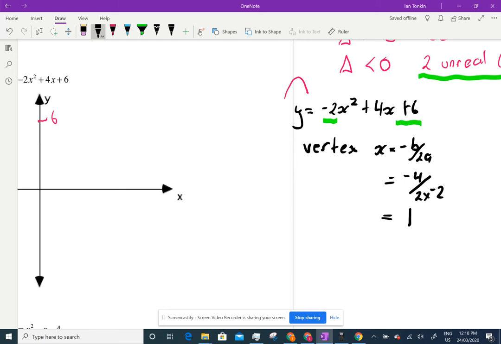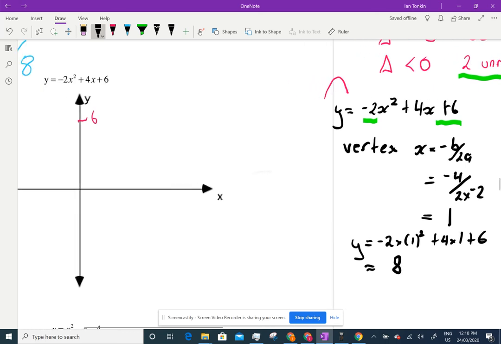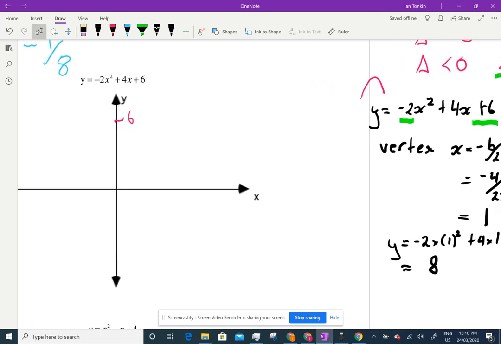So when x equals 1, y equals minus 2 times 1 squared plus 4 times 1 plus 6. And when you do it on your calculator, you get 8. Okay. So over here at 1 and 8.